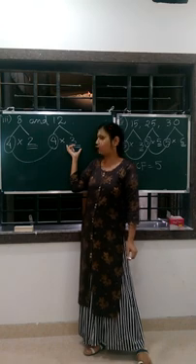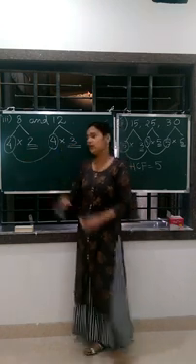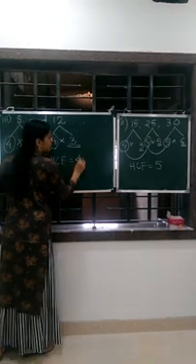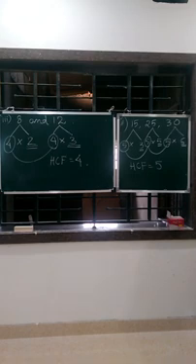Yes, it is 1. That means the answer is correct. So without any fear you can write HCF is equal to 4. This completes the third one. Then we go to the fourth one.